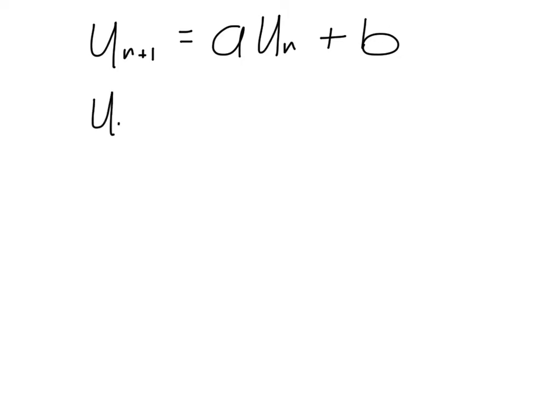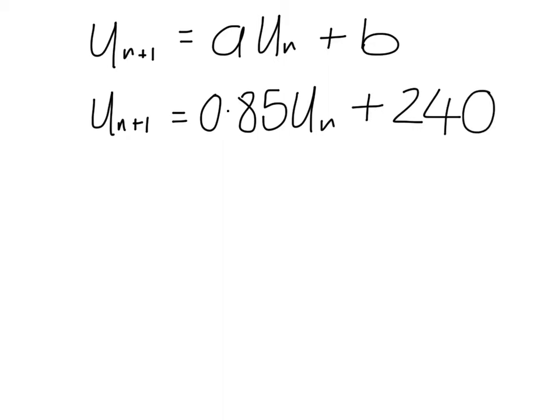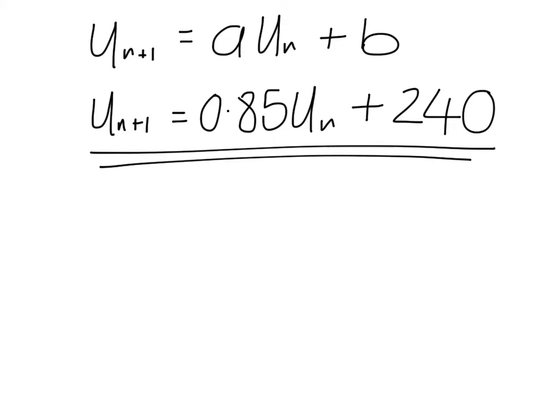So we are told in the question that he's losing 15% of his locusts each week, which leaves us with a multiplier of 0.85 u n, and he is going to introduce 240 locusts at the end of the week, which is plus 240 over at the end. So that gives us a recurrence relation for the situation we have.